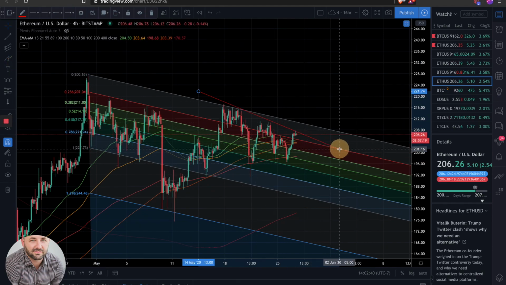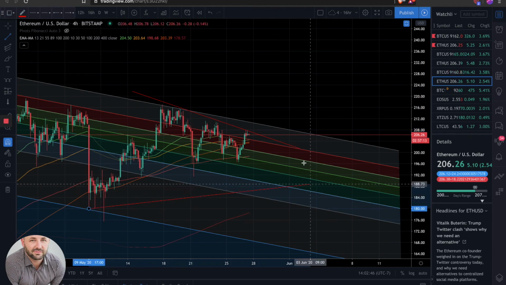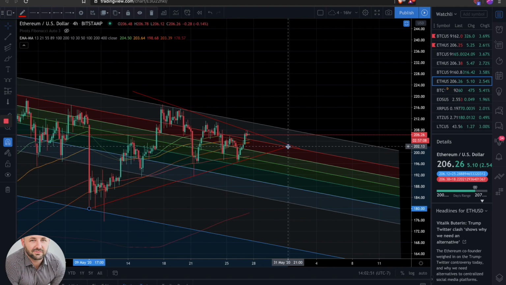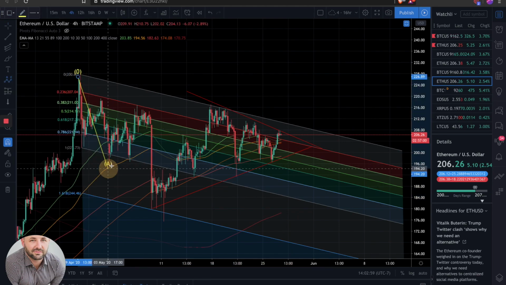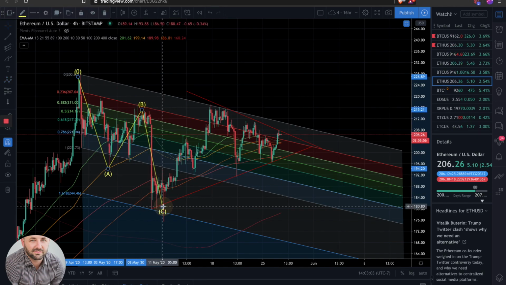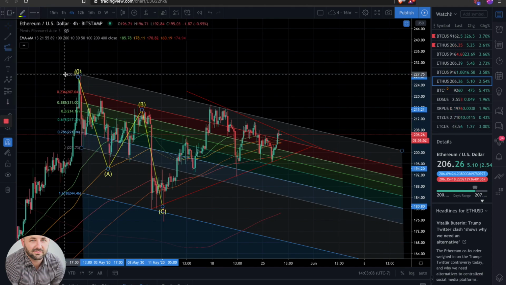All right, so we can still have a contracting formation without it being a true actual triangle, right? But I'm looking at this overall being a three-wave move down. So basically that guy being an ABC.